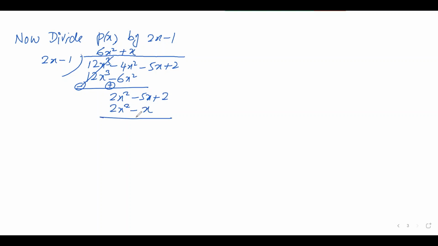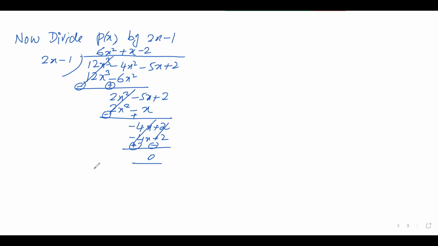2x square minus x. And then again for the remainder, subtract. It is minus 4x plus 2. And yes, we have minus 2 here, then minus 4x plus 2. And yes, we have 0 remainder. It has to be 0 for this case.